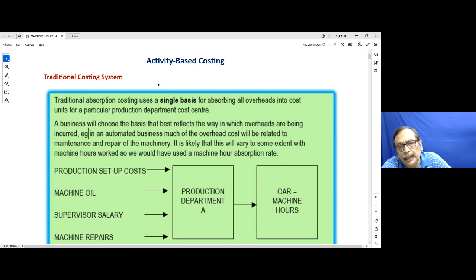For example, in an automated business, much of the overhead cost will be related to maintenance and repair of the machinery. So, based on traditional costing, it is likely that this will vary to some extent with machine hours worked, so we absorb the overheads into the cost using the machine hour absorption rate.